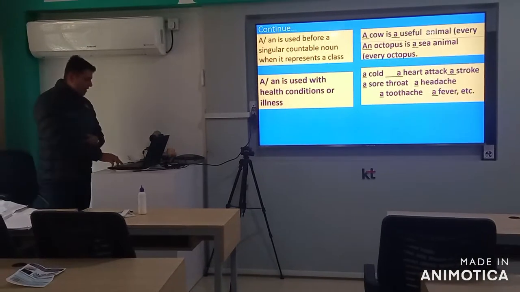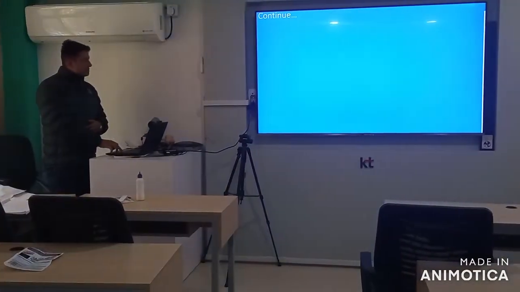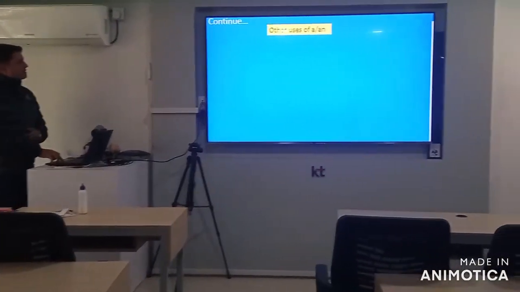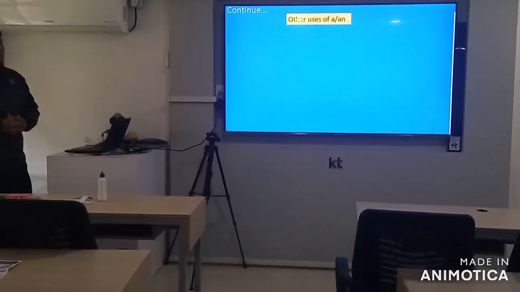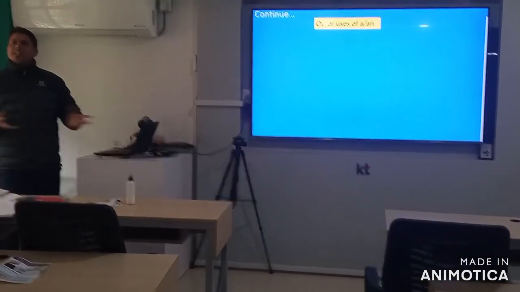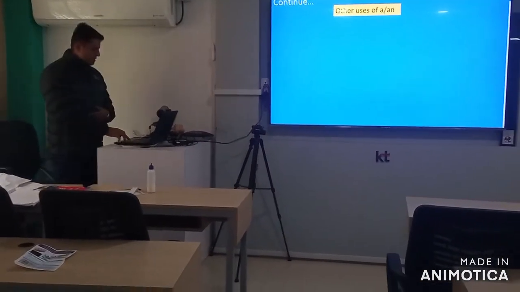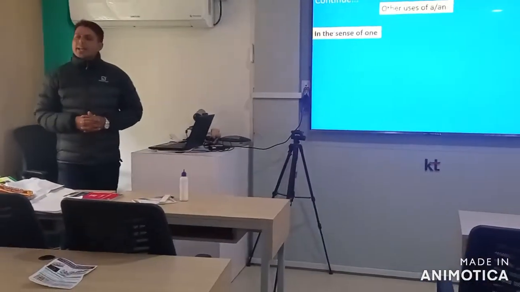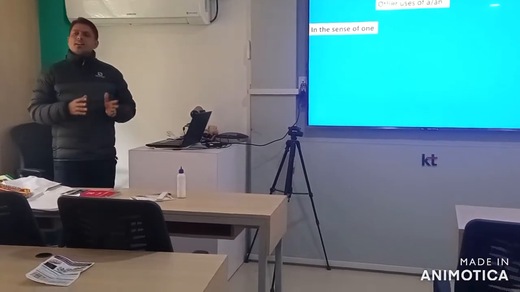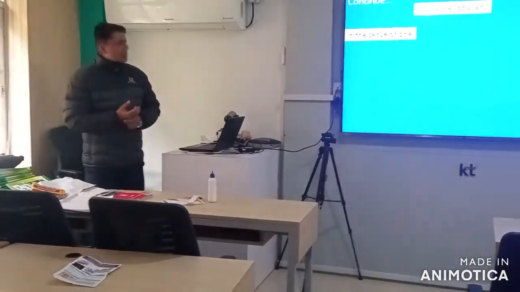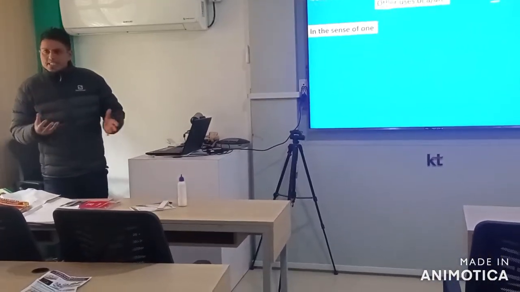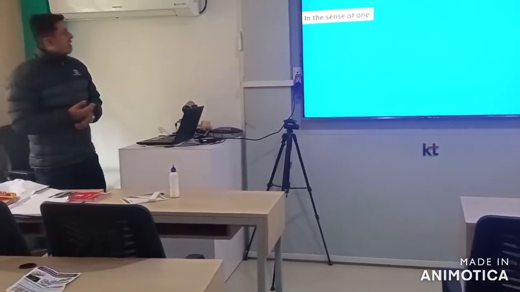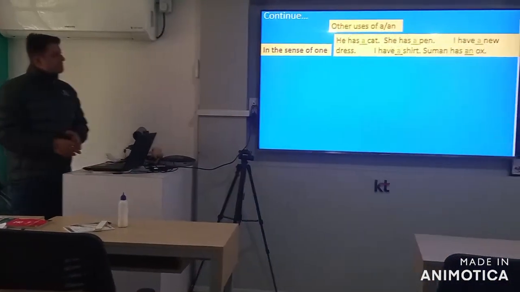Okay, now let's move further. All the uses of a or an. So many uses we have, so let's have a look here on the screen. In the sense of one. If there comes the sense of only one, having only one thing or object or even person, we use a or an. Look here.